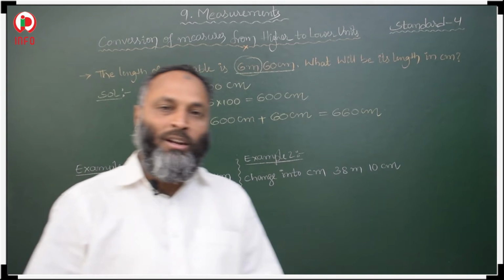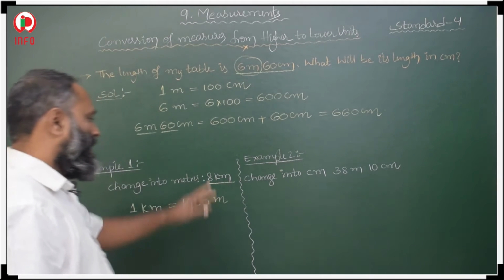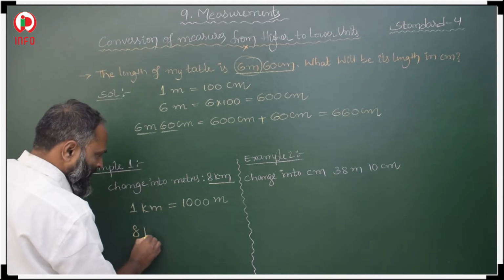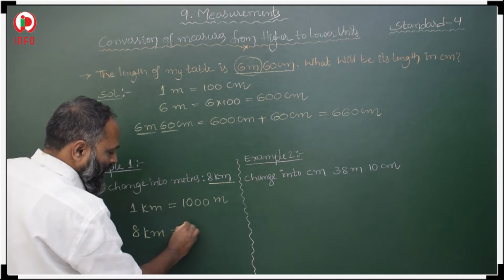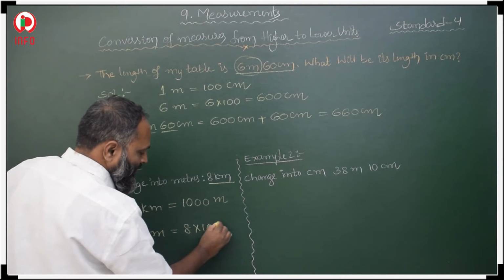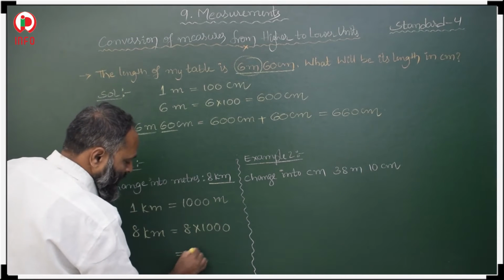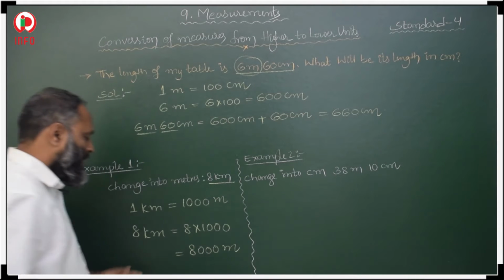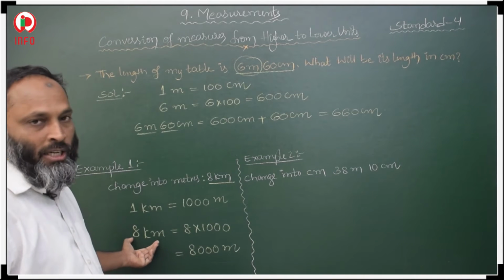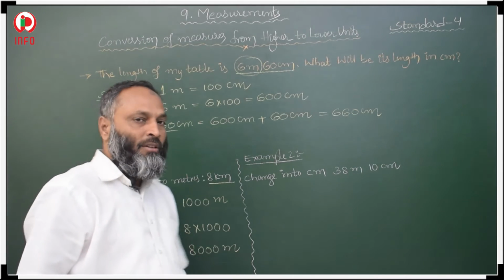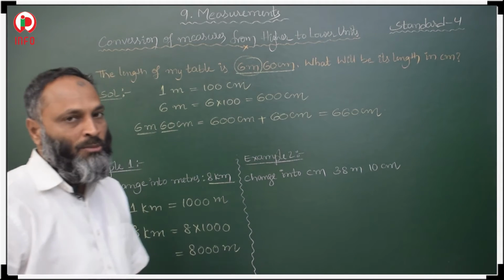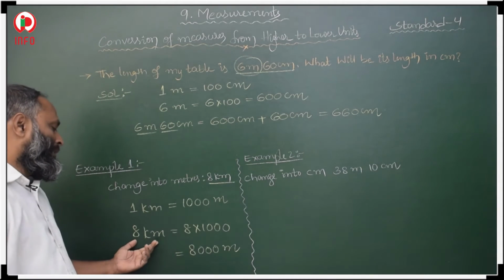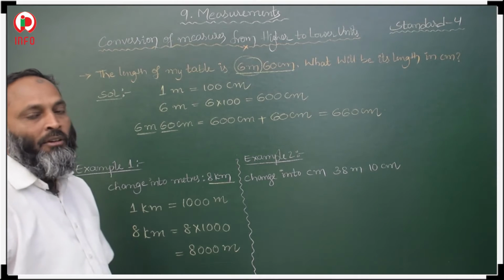Then 8 kilometers means 8 into 1000, 8000 meters. These are larger units that we convert into smaller units. Meters are the smaller units.